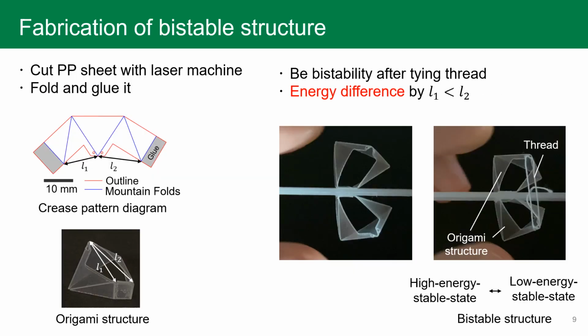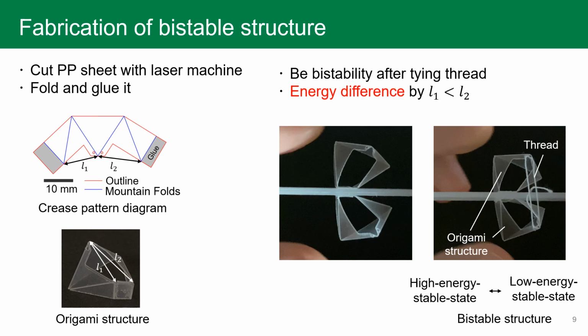Let me explain a bistable structure in our prototype. A PP film was cut and nicked like the crease pattern diagram with a laser machine. It was folded and glued to be an origami structure. The two lengths of the structures, L1 and L2, were not the same, so it was asymmetric.